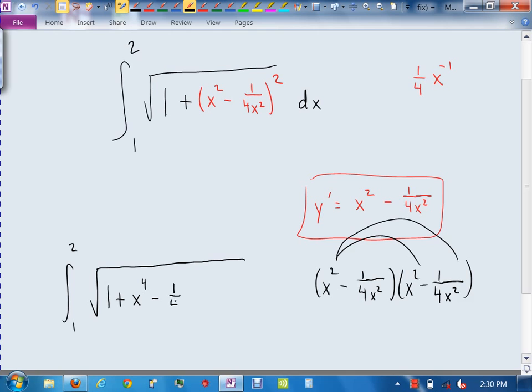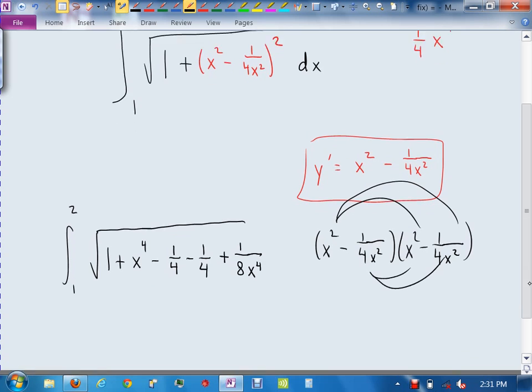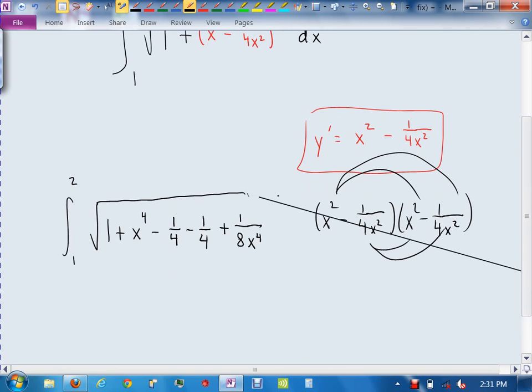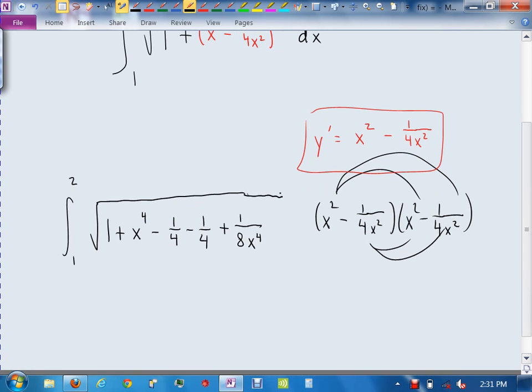So minus 1/4, minus 1/4. And then our last term is what? Plus 1/8 x to the 4th. Do y'all see where I'm getting that from, multiplying those things out? That's all still underneath the square root. Dx.